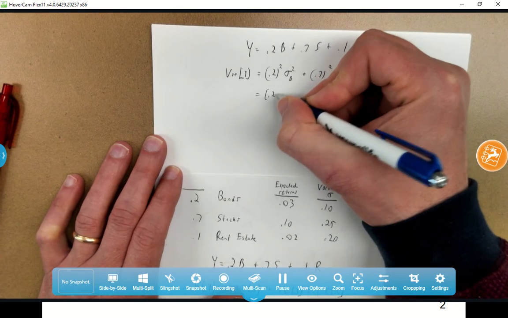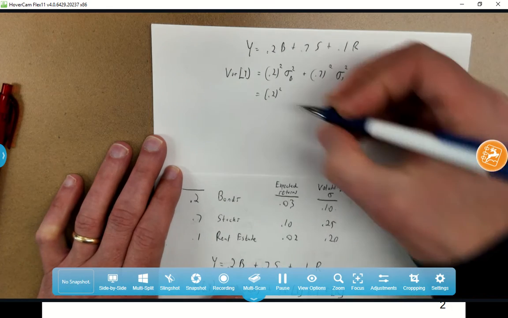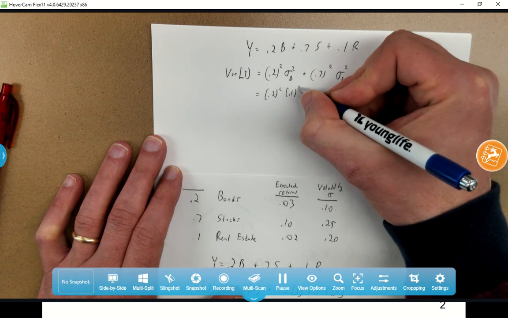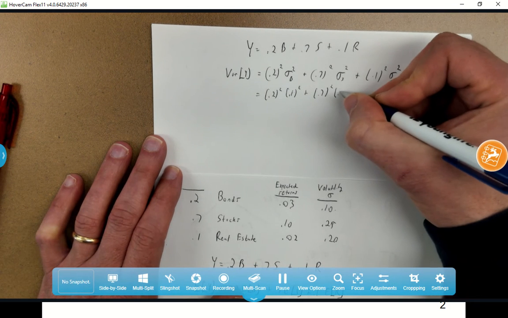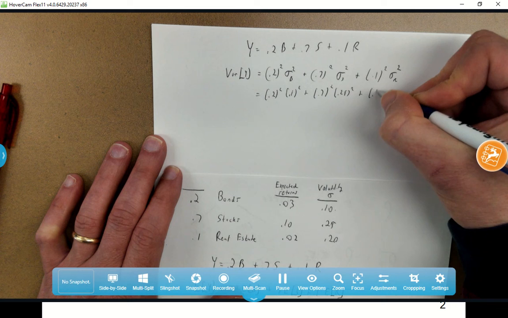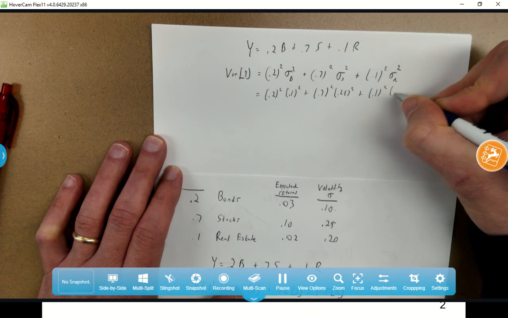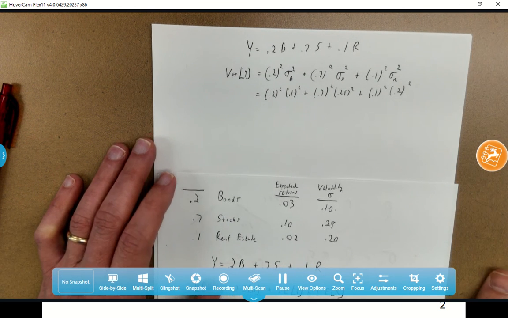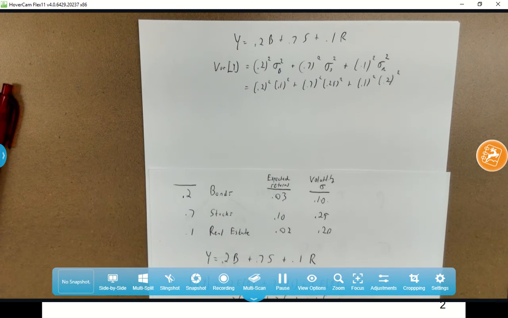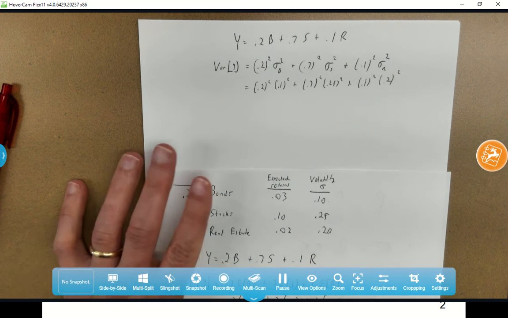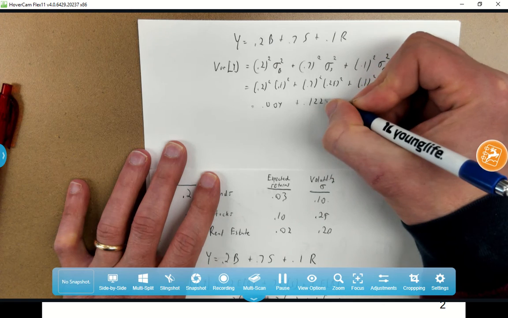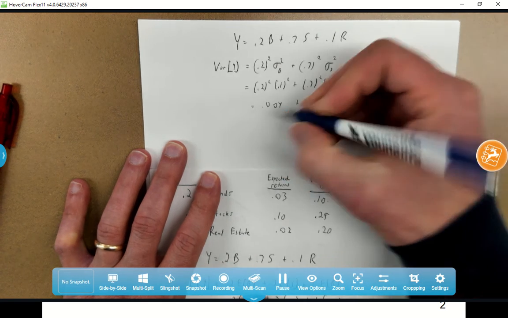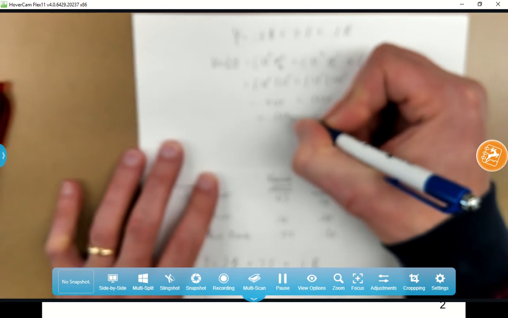And so that would be 0.2 squared times 0.1 squared plus 0.7 squared times 0.25 squared plus 0.1 squared times 0.2 squared. We could derive these; we kind of derive them in mathematical statistics. You don't need to know that as much. You could just use the formula. What we end up getting is 0.04 plus 0.1225 plus 0.002, and we get a variance of 0.1285.